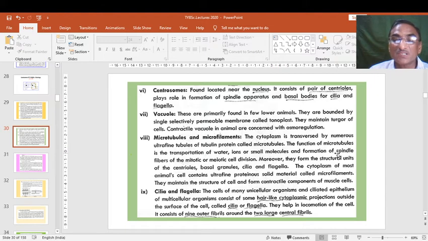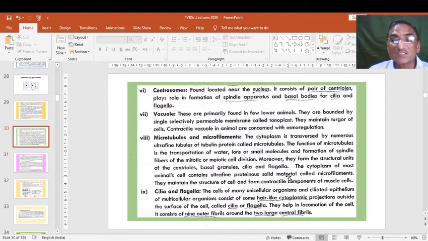The function of these microtubules is the transportation of water, ions or small molecules, and formation of spindle fibers of the mitotic and meiotic cell division. Whatever the method of cell division may be, the spindle fibers are formed using these microtubules.